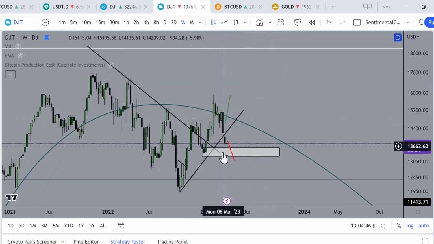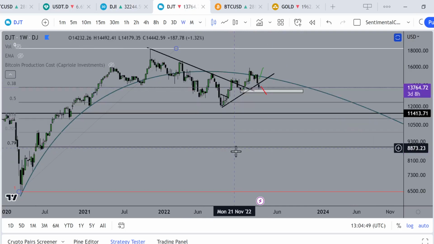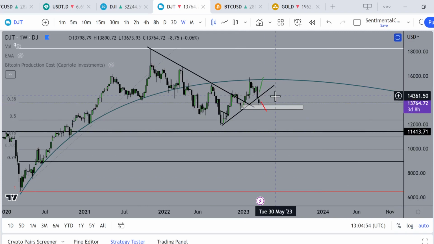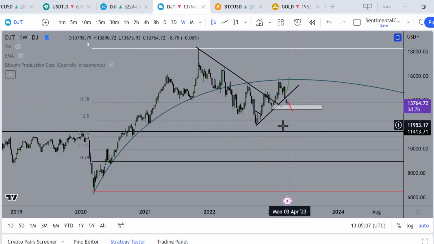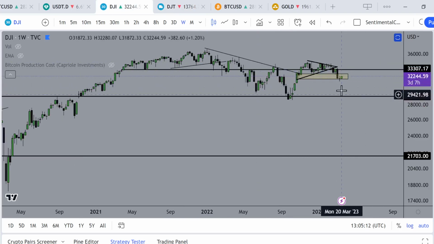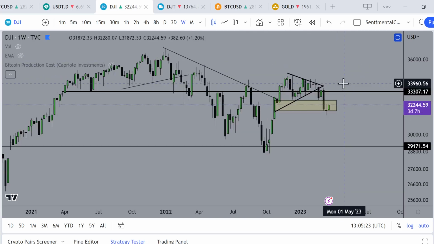You can see it's a retest of the block again, and this might just be a fake out by retesting and then continuing to go up. However, if we successfully break down this other block, you know that it's going to be a sell. So the two are correlated, and you can see from there. What you should watch out for, for both DJI and DJT, is what happened here this week.